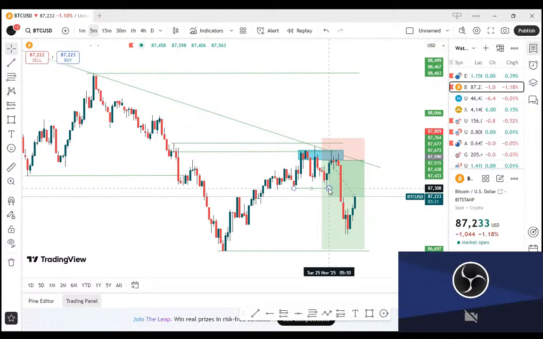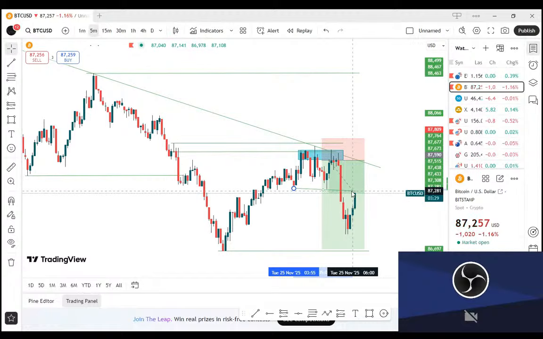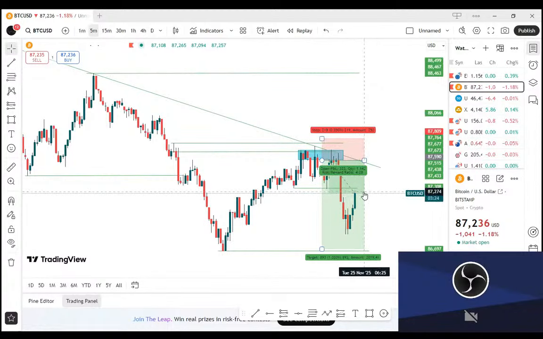The buyers are trying to buy at this zone. So let's put it here, as the broken zone where price broke from.